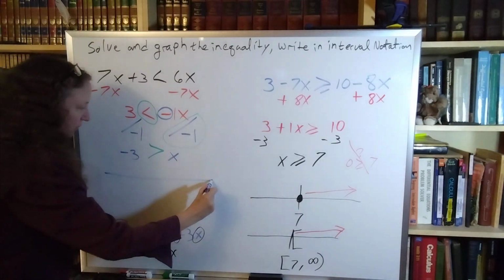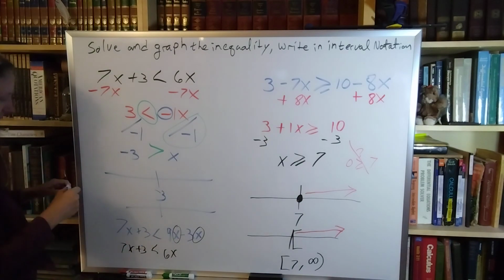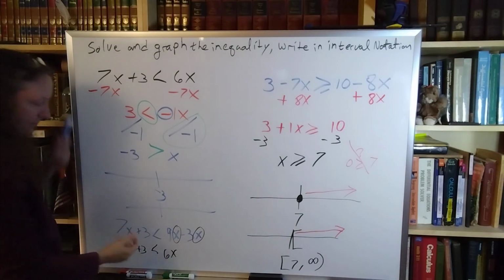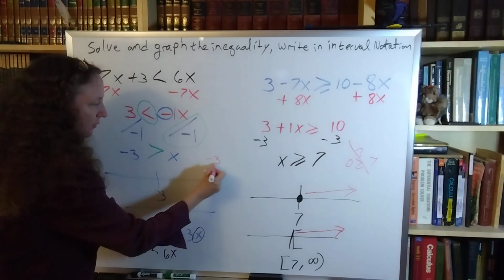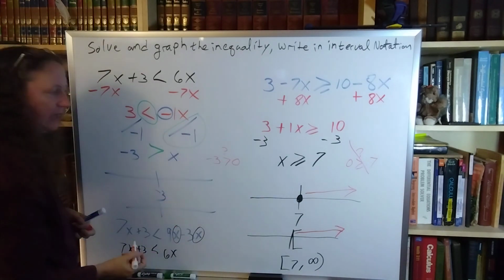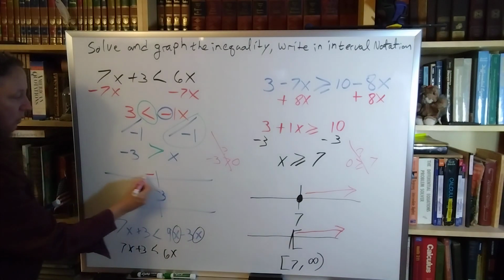So now when I go to draw my line, I find negative 3 on it. Negative 3 has to be greater, so I'm going to compare this in my head to 0. Negative 3 greater than 0. Is that a true statement? No, it's not. So I need to go away from 0.